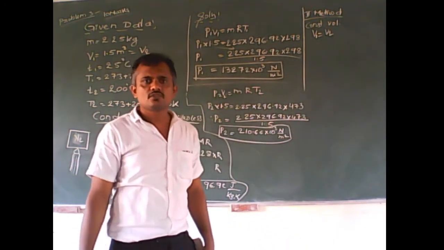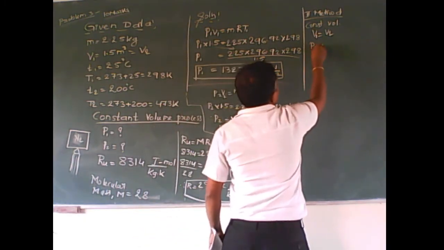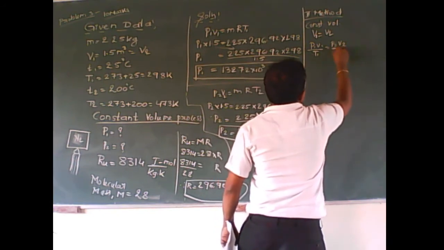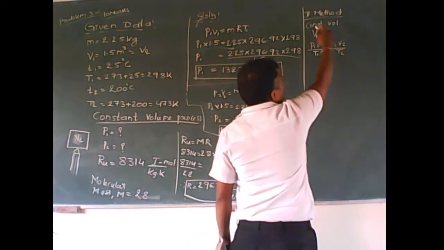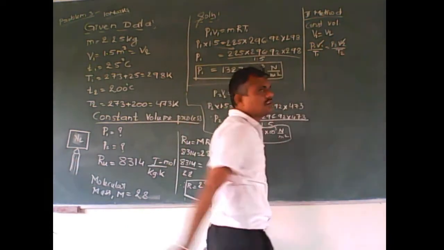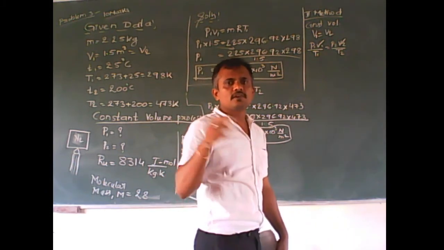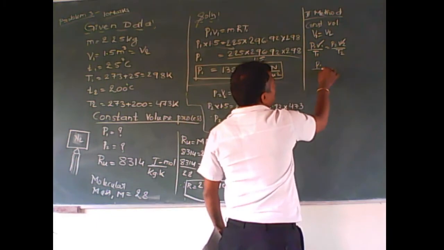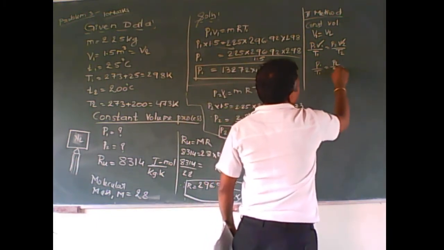We know the general gas equation, that is P1V1 by T1 is equals to P2V2 by T2. So with the help of this constant volume process, V1 and V2 will get cancelled. V1 and V2 are same, they are there on either side, and will get cancelled. So if V1 and V2 are the same, therefore P1 by T1 is equals to P2 by T2.